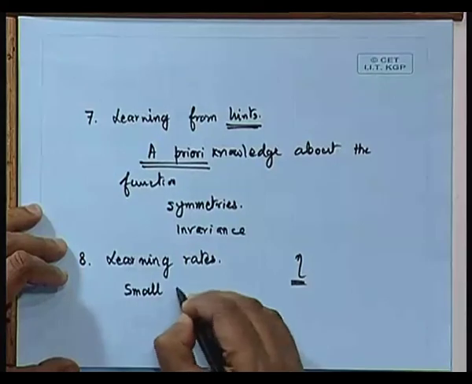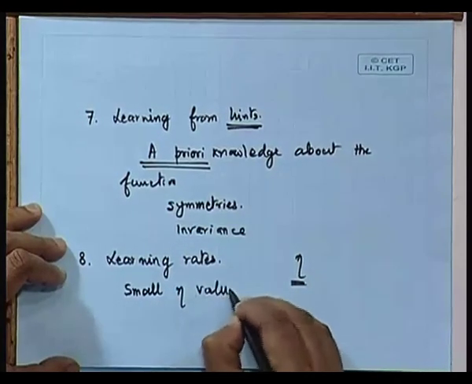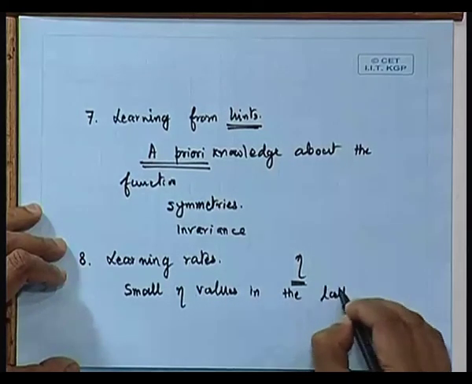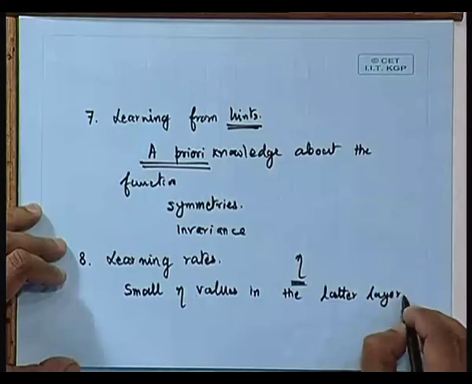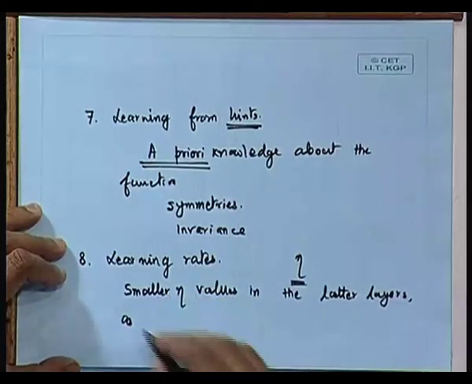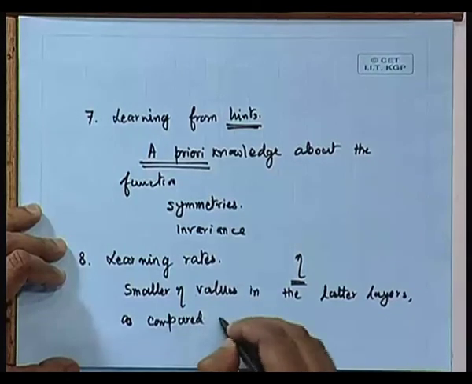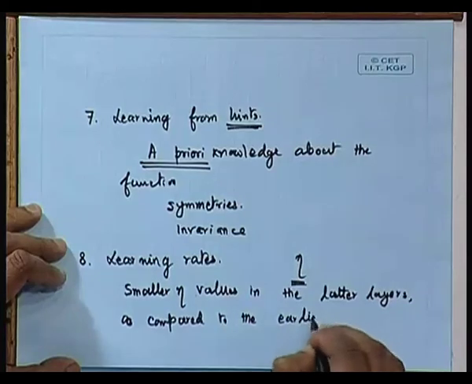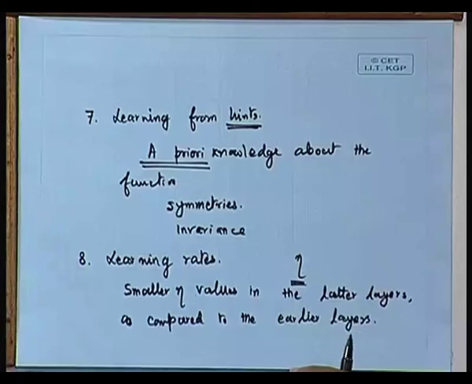So, we should use small eta values in the later layers. By later layers I mean ones that are closer to the output, so we can say smaller eta values in the later layers as compared to the earlier layers. By earlier layers I mean the layers which are closer to the input.